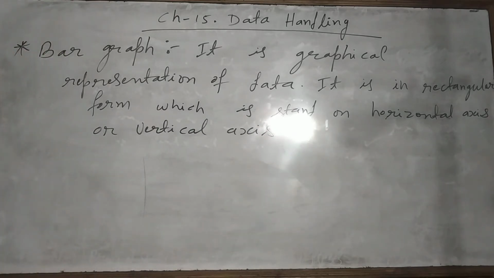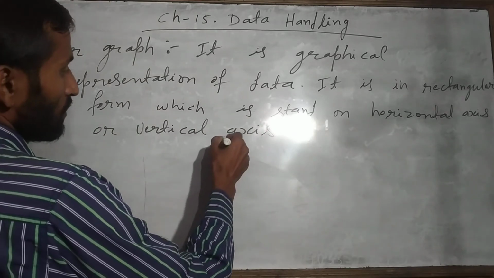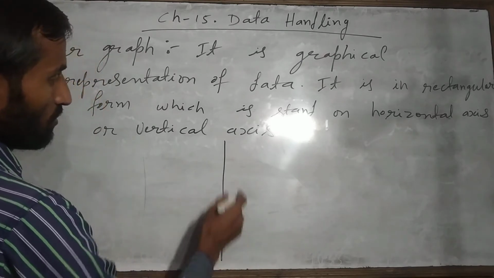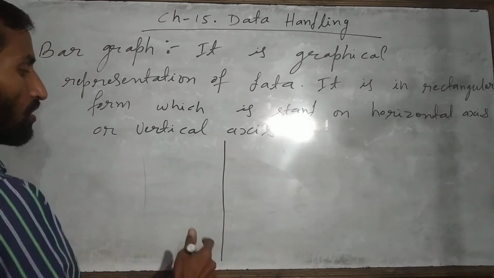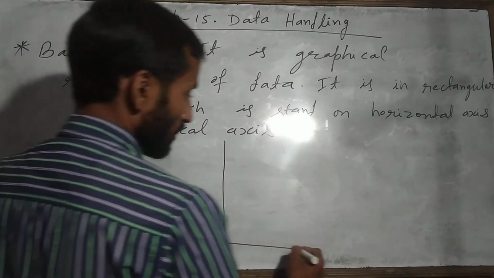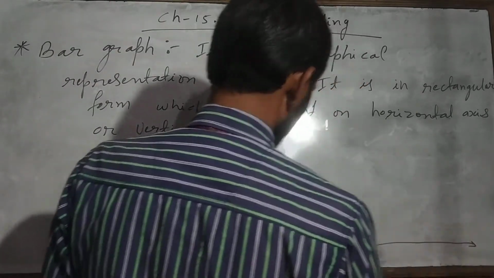Let me make a graph like this. This line is called the vertical axis and this line is called the horizontal axis.